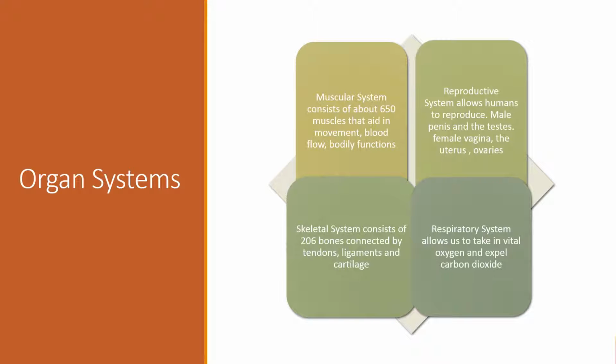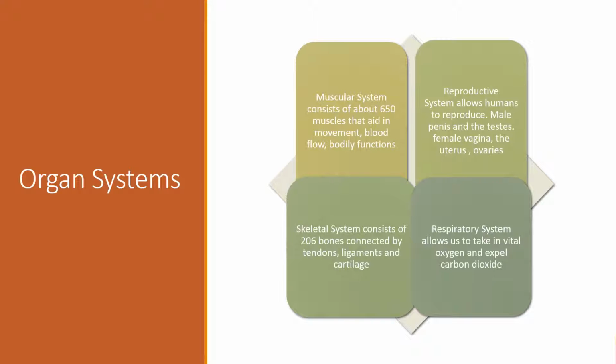Now, our skeletal system, very closely tied to the muscular system, consists of 206 bones that are connected by tendons, ligaments, and cartilage. The skeletal system, it helps us move, but it's also involved in the production of blood cells and the storage of calcium.